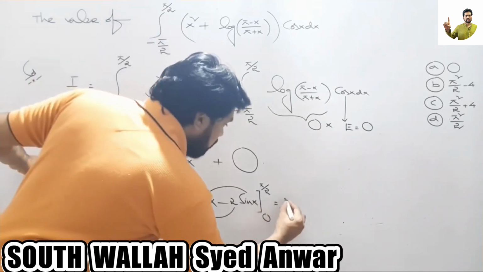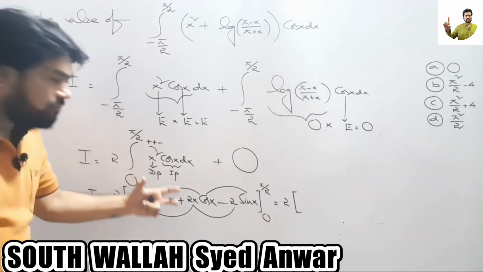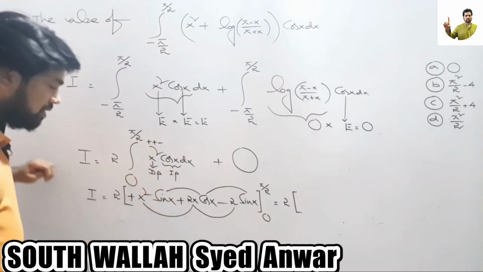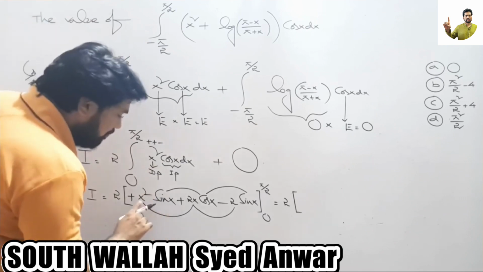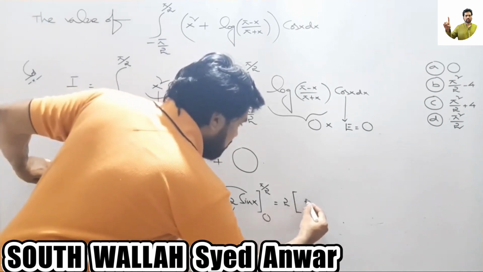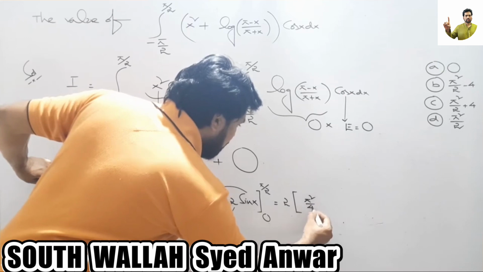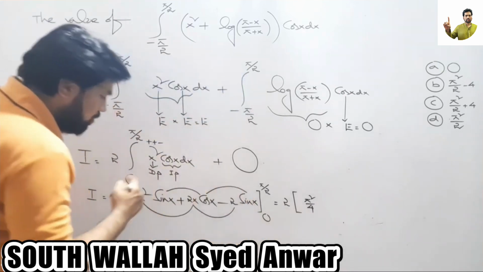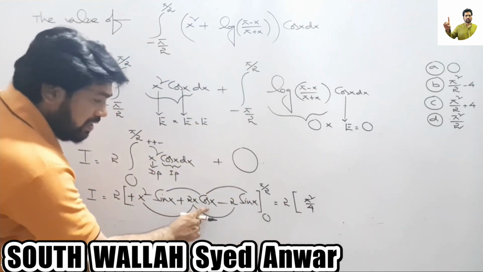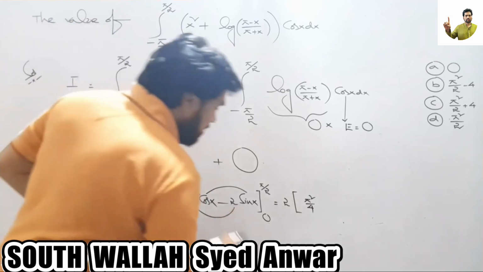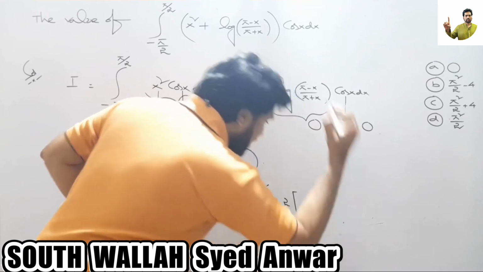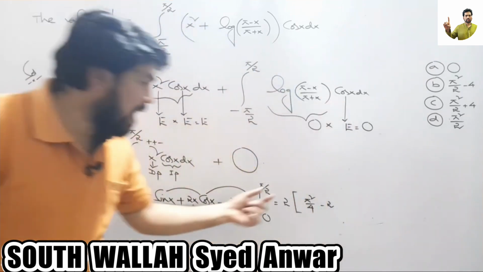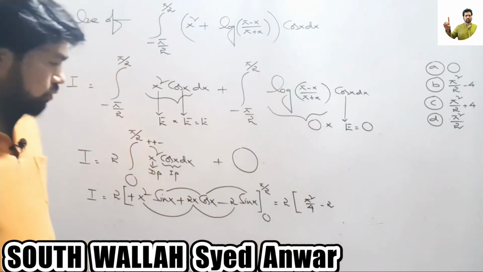So that is equal to 2 times. First I apply the upper limit. In place of x, pi by 2 should be written. The first term is pi square by 4. In place of x, pi by 2: sin pi by 2 is 1. Next, cos pi by 2 is 0, leave it. Next, sin pi by 2 is 1. Already minus 2 is there, so when I substitute the upper limit, I get pi square by 4 minus 2.